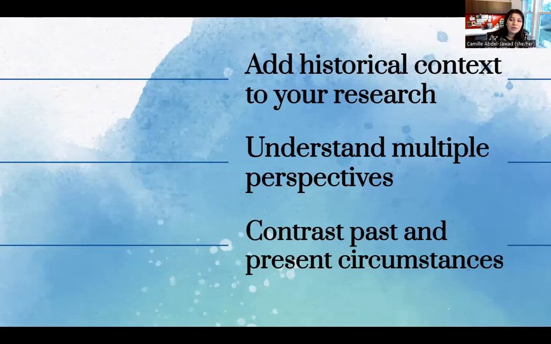And that can also help us contrast both past and present circumstances. So again, thinking about that 9/11 example, how does 9/11 change how we do security and traveling, right? Airport security right now looks really different than it did 50 years ago, right?